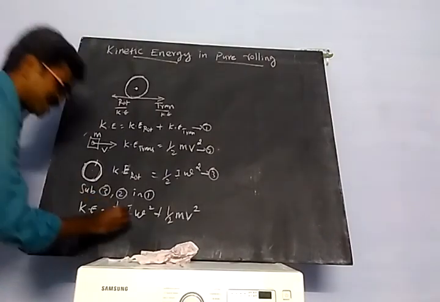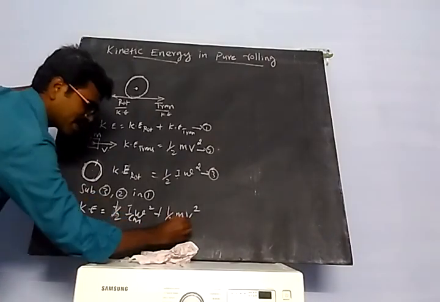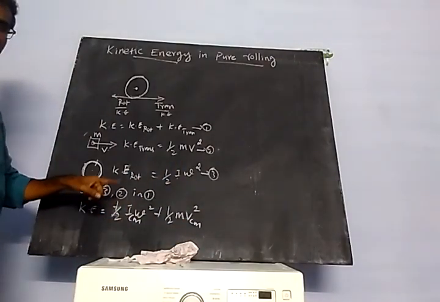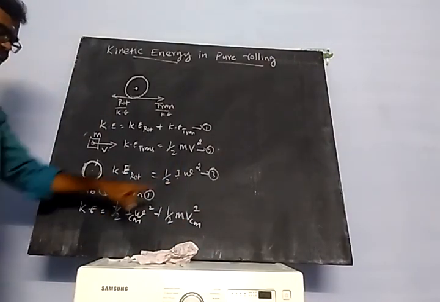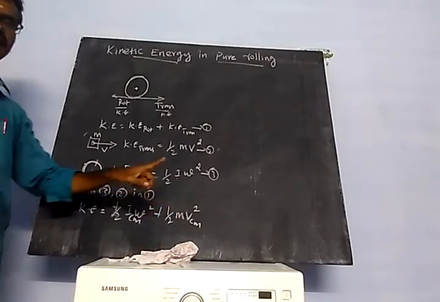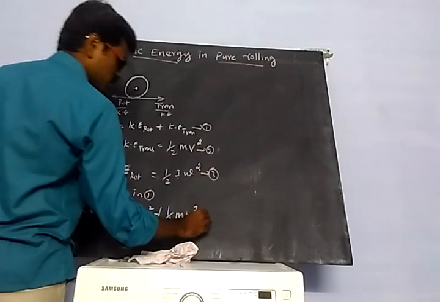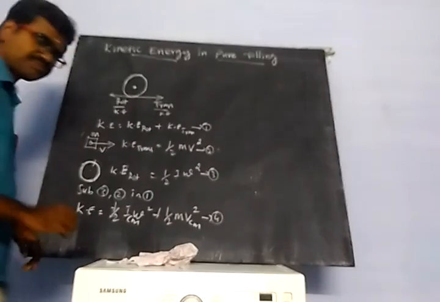So I write ICM and VCM, where ICM is the moment of inertia about the center of mass and VCM is the velocity of the center of mass. This is equation number 4.